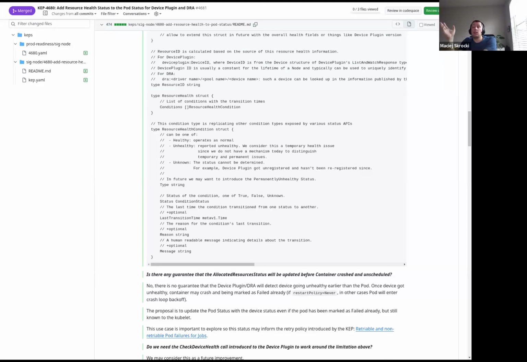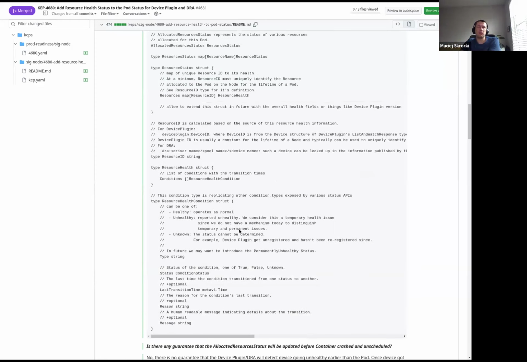It doesn't have to be right away assigned to a pod, and the status of that can go into the claim. But when it's finally assigned to a pod, this is where what I'm sharing would go. The status of that will go here.